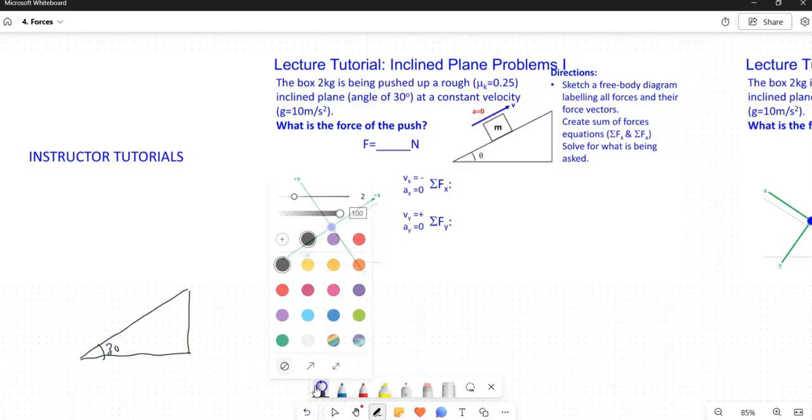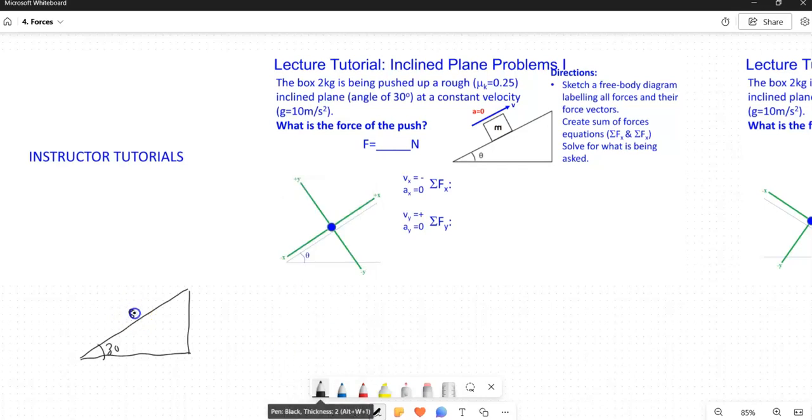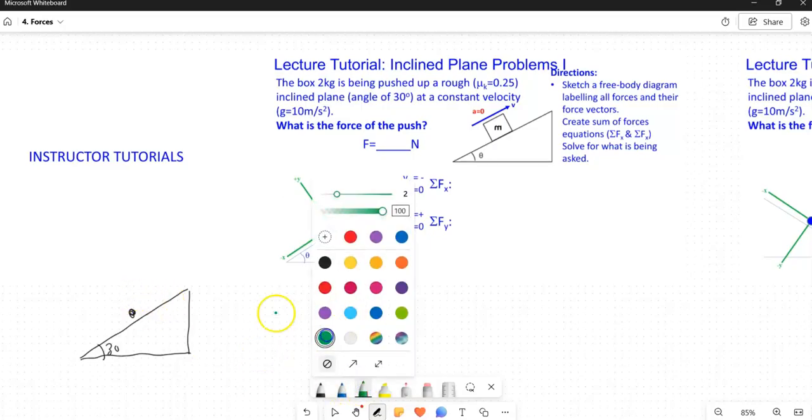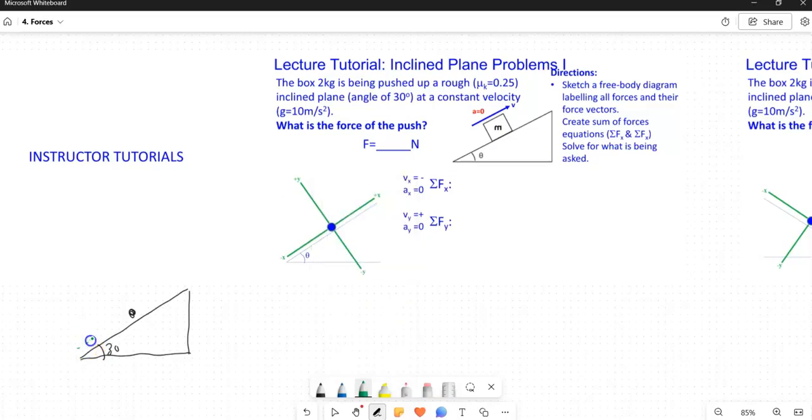Now, what we do is put our dot at the center. I'm doing this off to the side to show you how to construct this. What you want to do is draw the x direction coordinate system first, going through the dot at the center, and make sure you label your coordinate system: positive x, negative x.